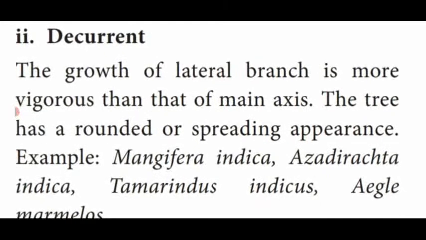So that type of stem is known as excurrent. The main axis shows continuous growth, and the lateral branches show shorter growth towards the apex, that means the tip. That is excurrent.